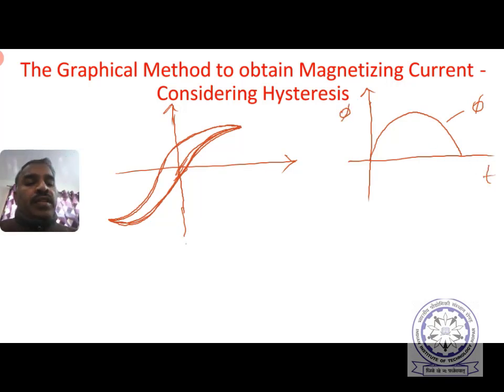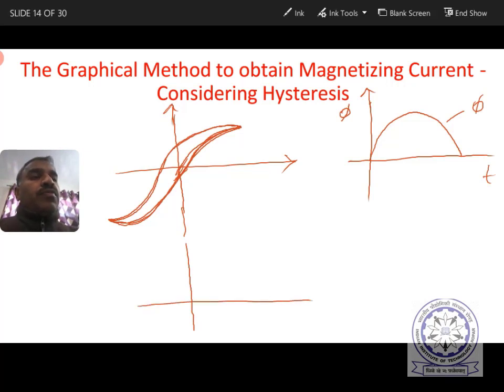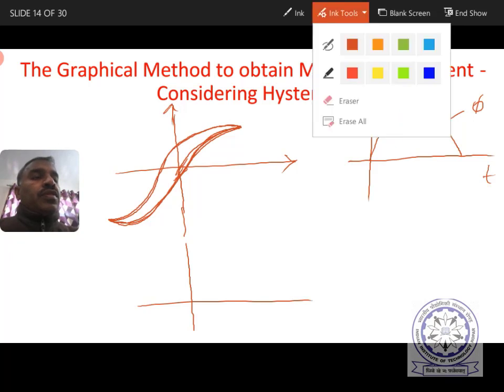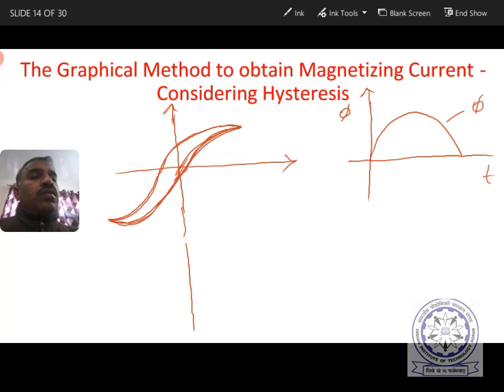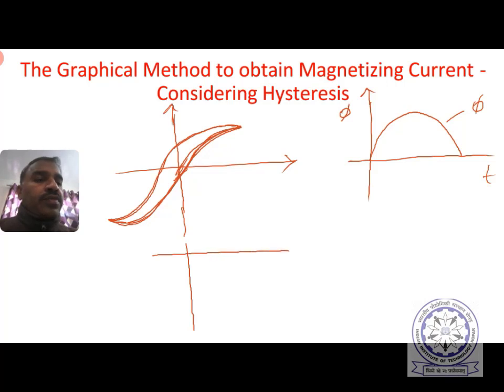Now to obtain the current waveform from this, divide these instances into several time instances and then trace this.